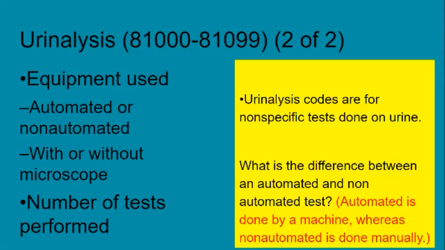The equipment used is either automated or non-automated, with or without a microscope. And the number of tests that are performed is important. Urinalysis codes are for non-specific tests done on urine. So what is the difference between automated and non-automated tests? Automated is done by a machine, whereas non-automated is done manually.